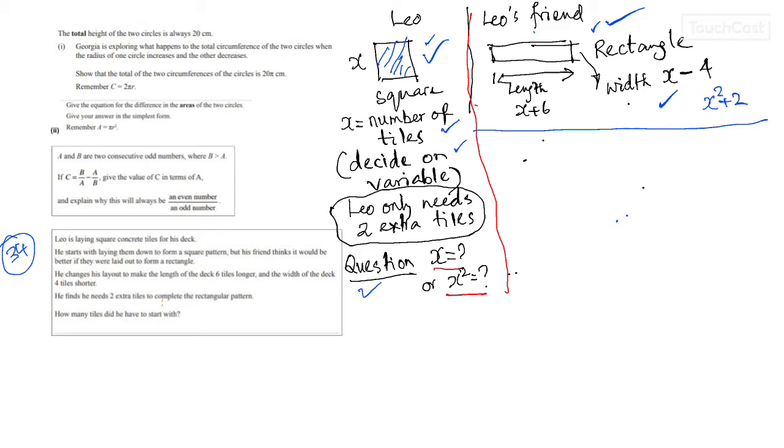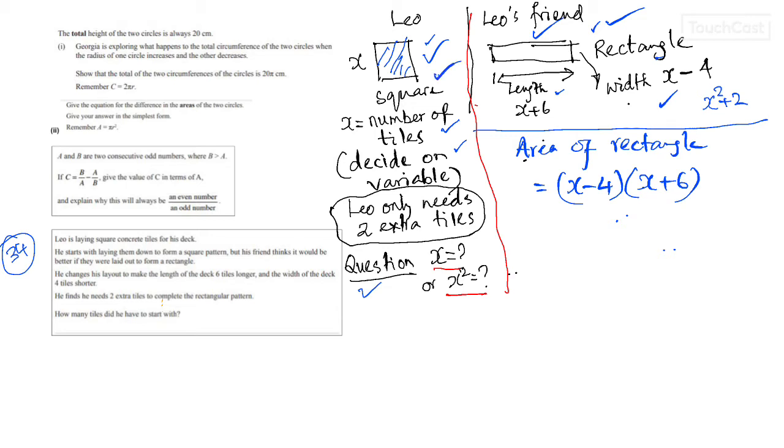So if we work out the area of that rectangle, which is x minus 4 times x plus 6, the length times the width. Now, the prior area was x squared, so our number of tiles was x squared, x by x tiles.